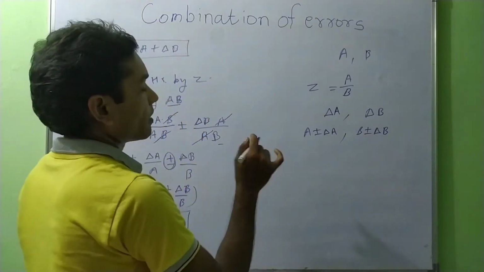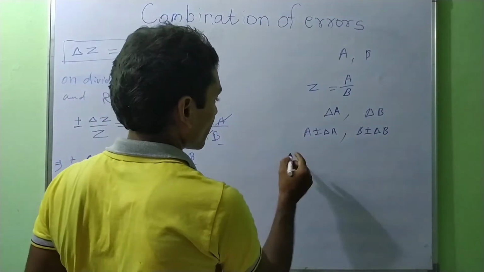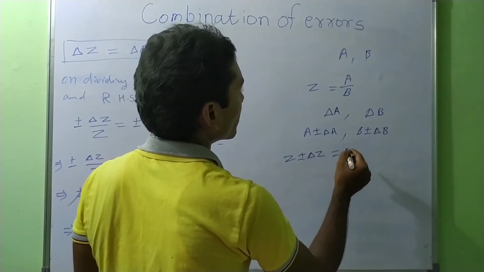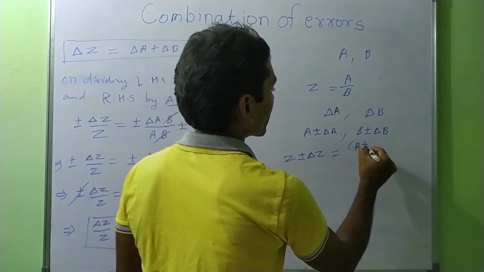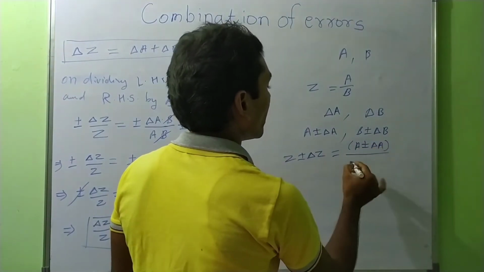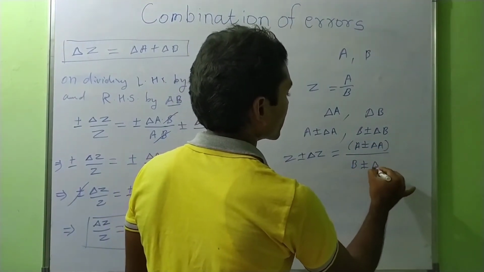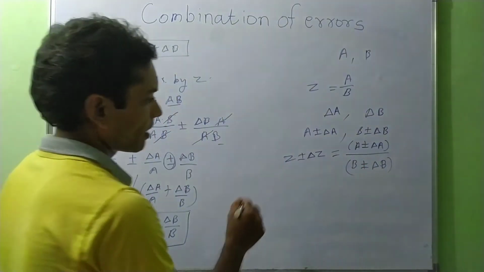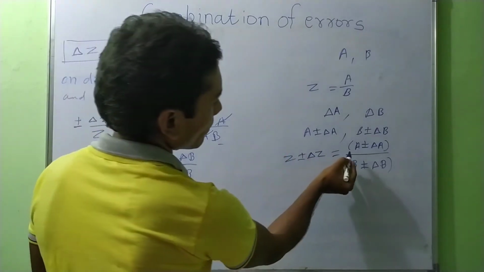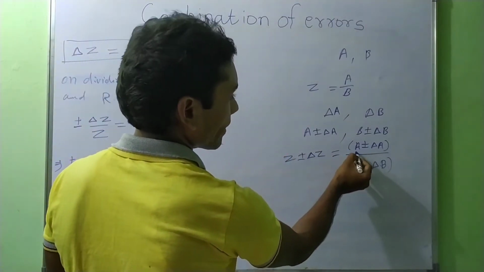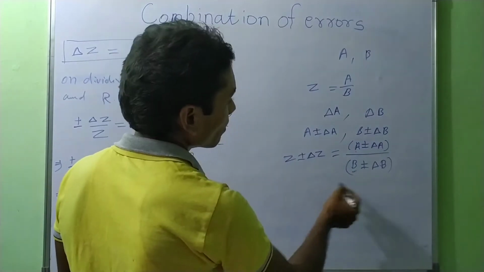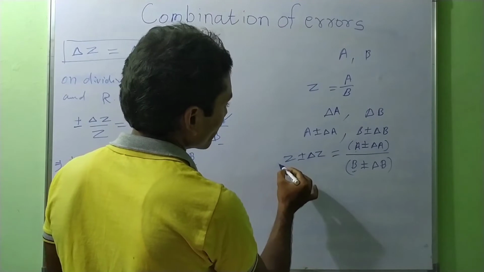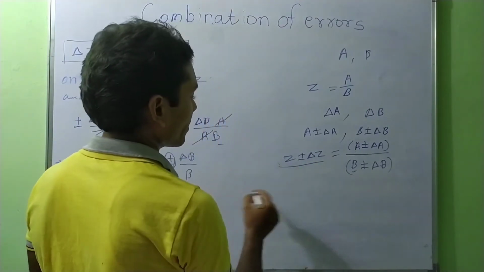So the result of the division will be Z plus minus del Z, and it will be equal to A plus minus del A upon B plus minus del B. Now we can take A common from the numerator, B common from the denominator, and we can also take Z common.